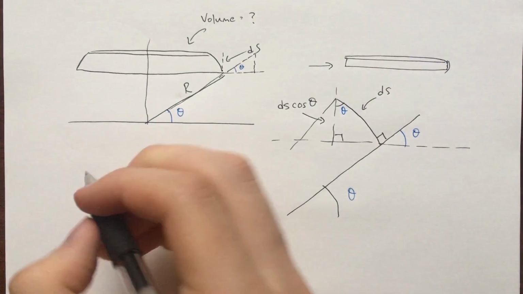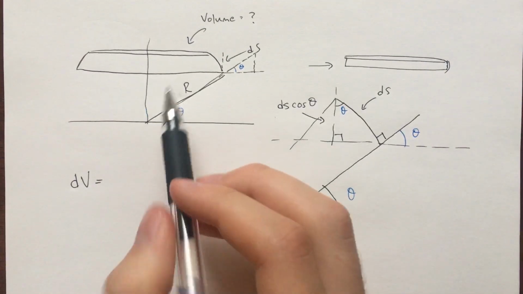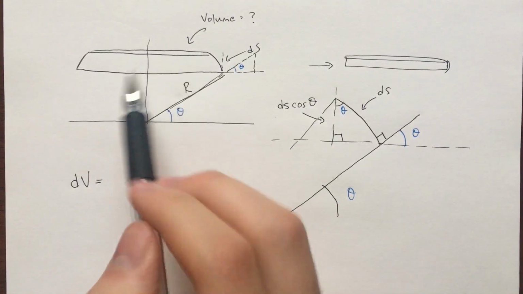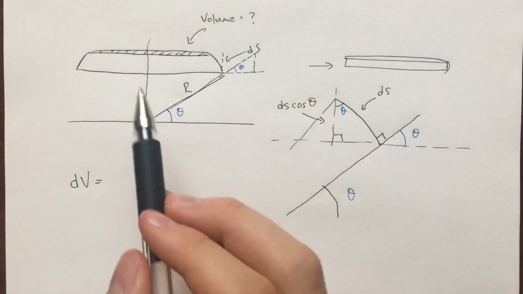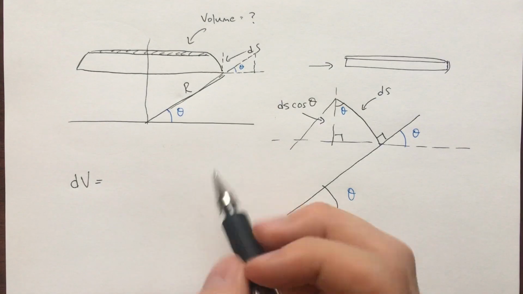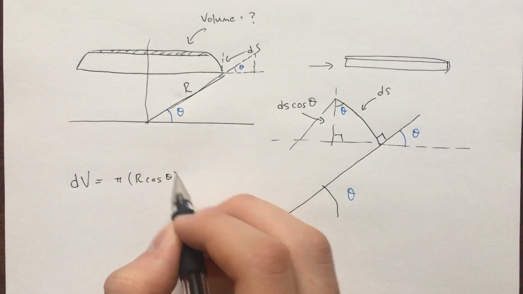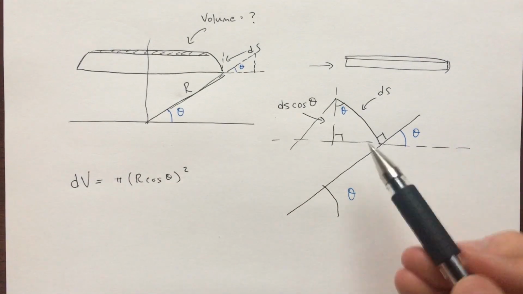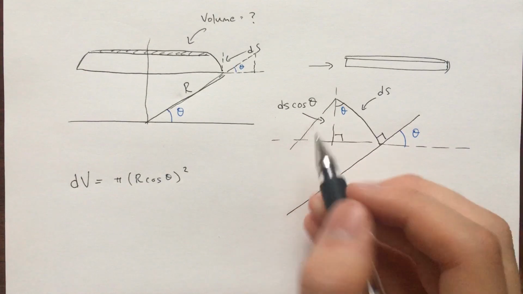So then the volume element, dV, is going to be this area right here, which is simply the area of a circle with a radius of r cosine theta. So it's going to be pi times r cosine theta squared times this little height, which is ds cosine theta.